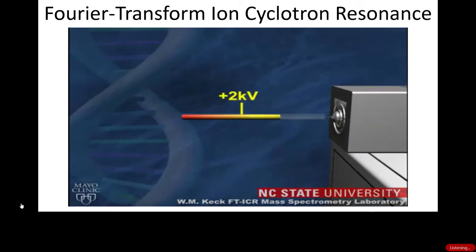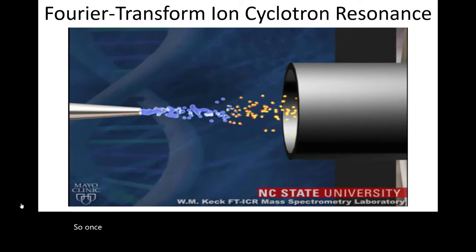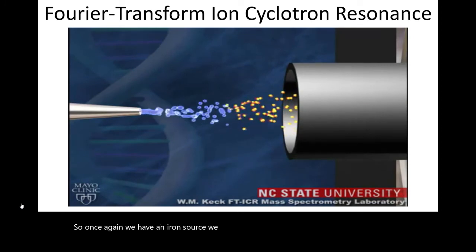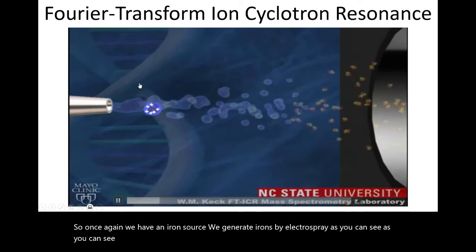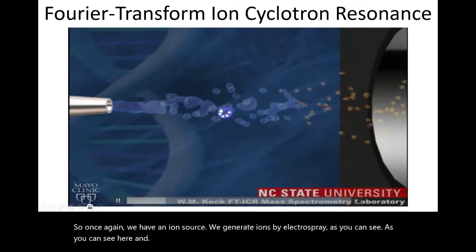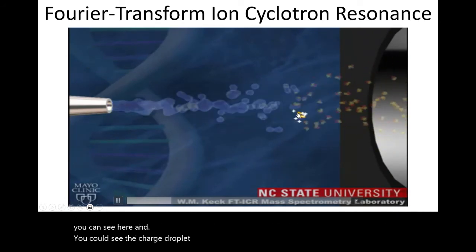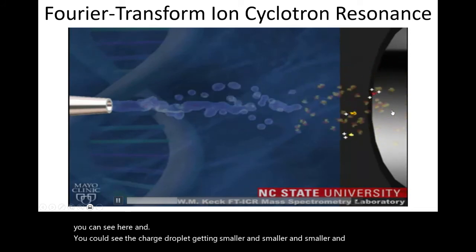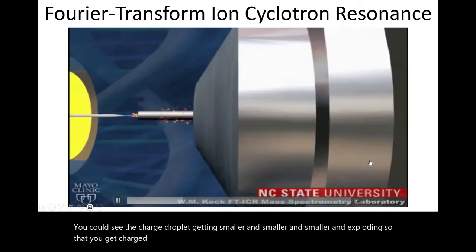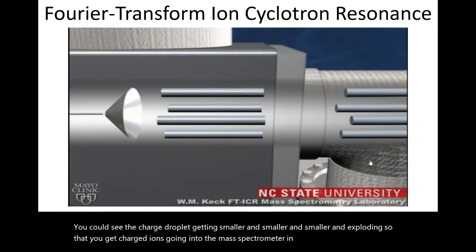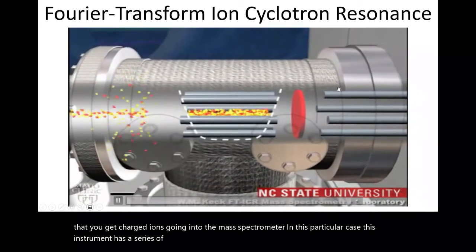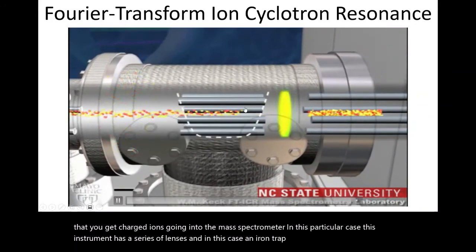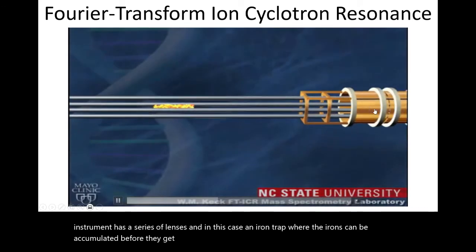So once again, we have an ion source. We generate ions by electrospray, as you can see here, and you can see the charged droplet getting smaller and smaller and smaller and exploding so that you get charged ions going into the mass spectrometer. In this particular case, this instrument has a series of lenses, and in this case an ion trap where the ions can be accumulated before they get transferred into the ion cyclotron.